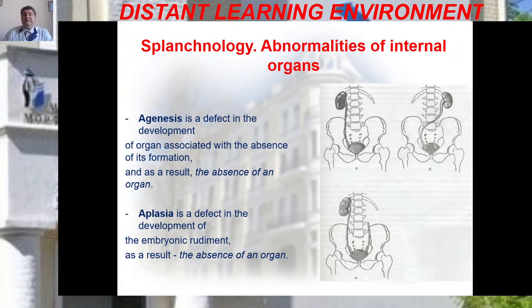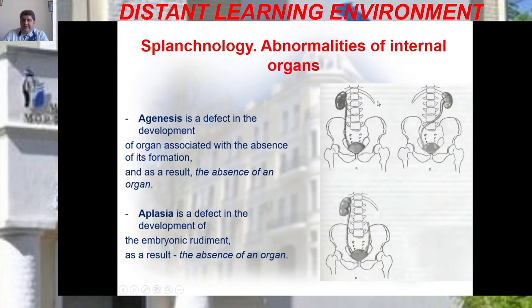This is a defect of development associated with the absence of its formation, and as a result, as I told you, the absence of the organ. Aplasia is the second term, which means a defect of development of the embryonic rudiment, and also as a result the absence of this organ.